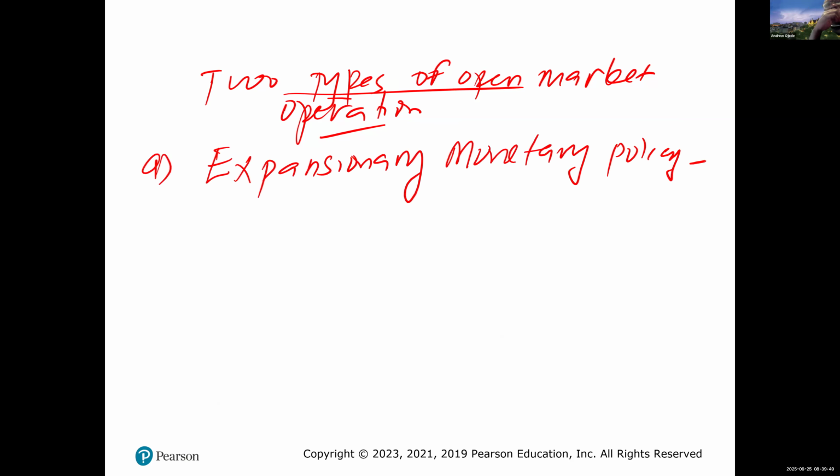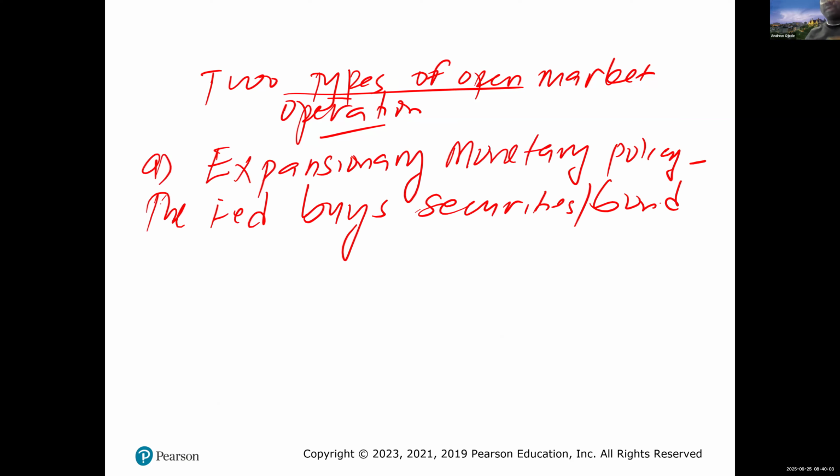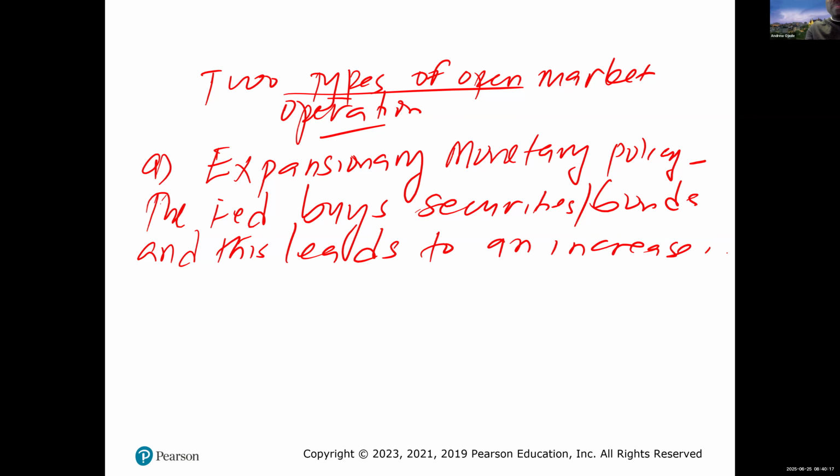If the Fed is expanding monetary policy, that basically means the Fed buys securities or bonds. The Fed is going to conduct an open market purchase of bonds or securities, okay? And this will lead to an increase in money supply, my notation for money supply is MS, and a decrease in interest rate.